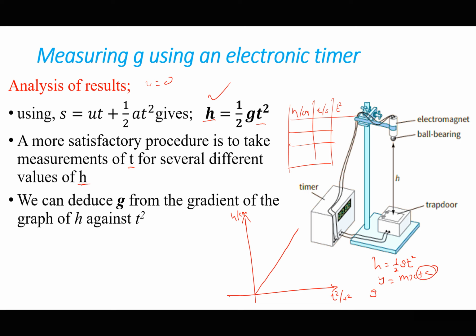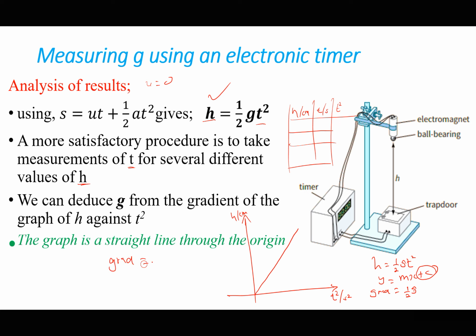So the gradient is going to be a half of g, because the graph is a straight line through the origin.